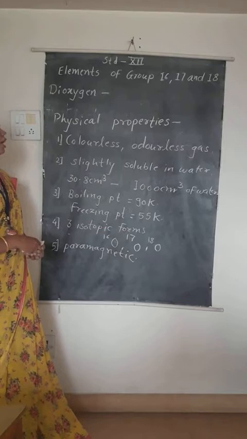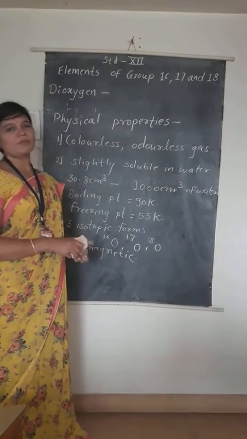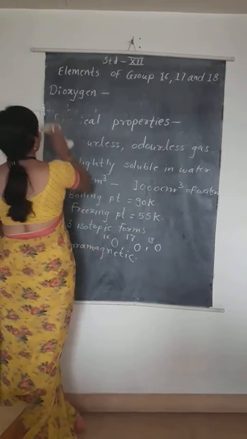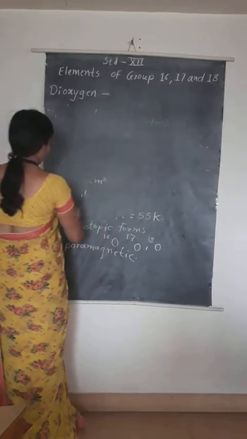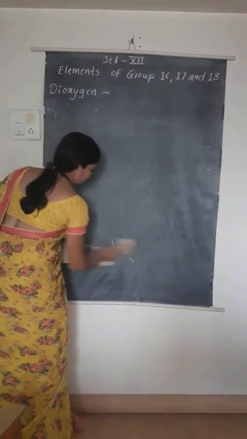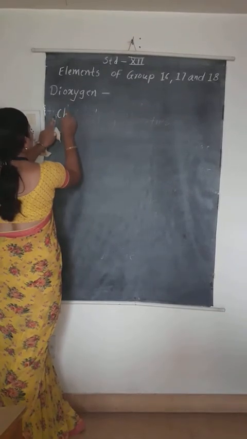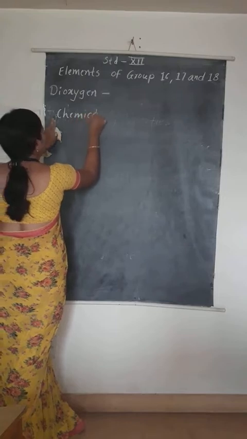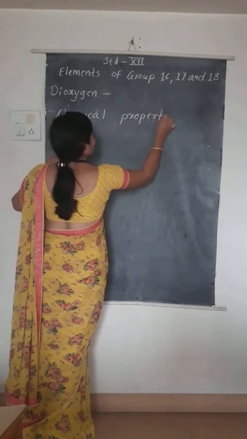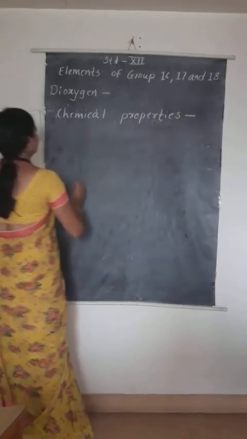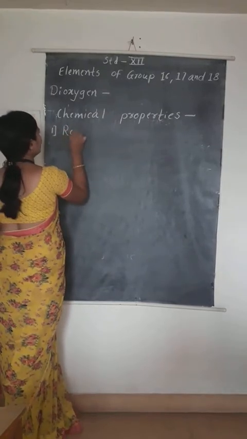Okay, after physical properties, we will discuss the chemical properties of dioxygen. So next we will study the chemical properties of dioxygen. First, we will see the reaction of dioxygen with metals.